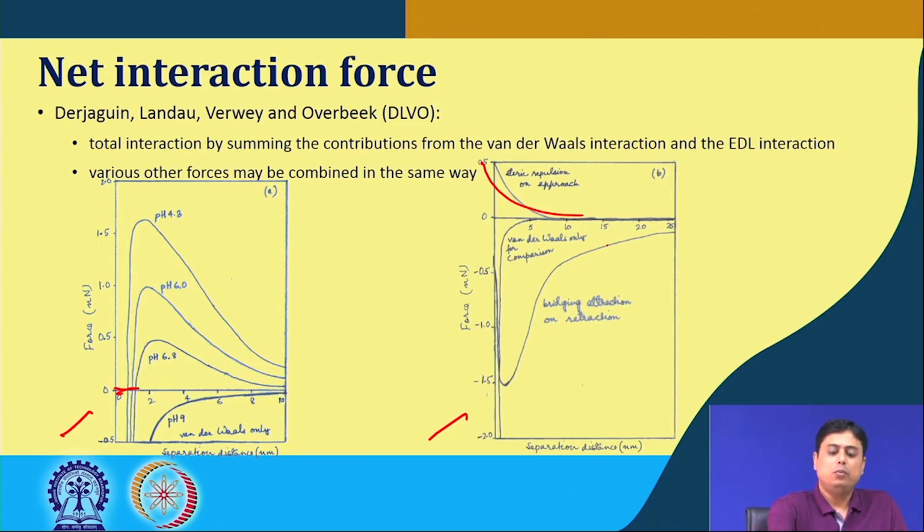So, in this case we have the long range attractive force on retraction or separation, and in this case the short range repulsive force, as per this polymer bridging or the steric repulsion.